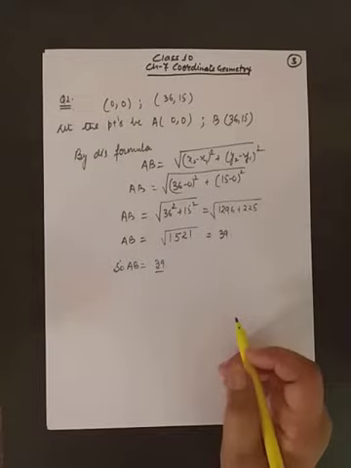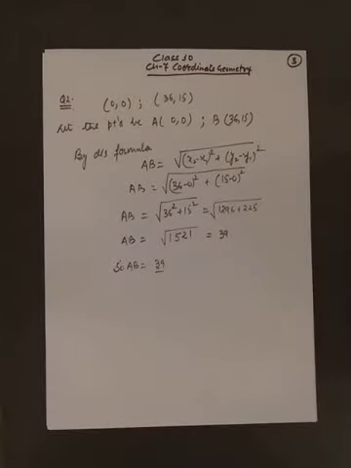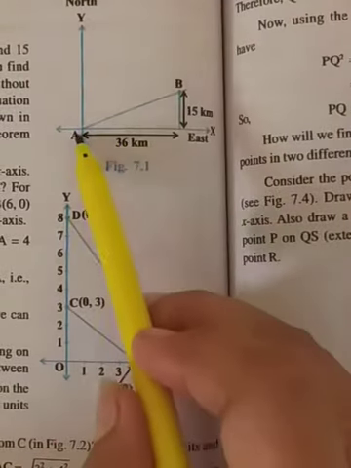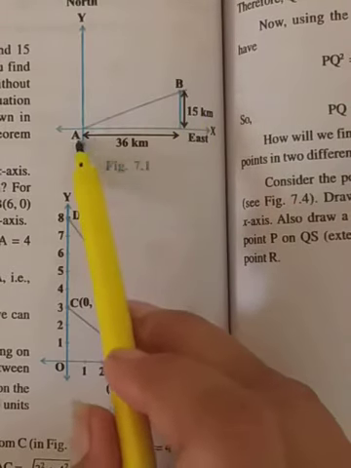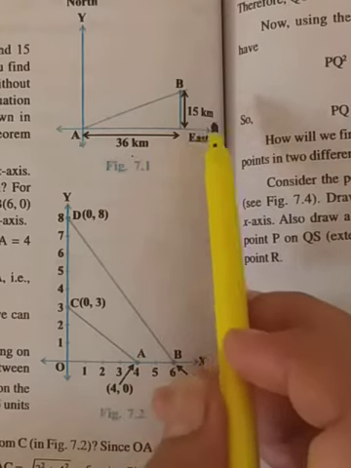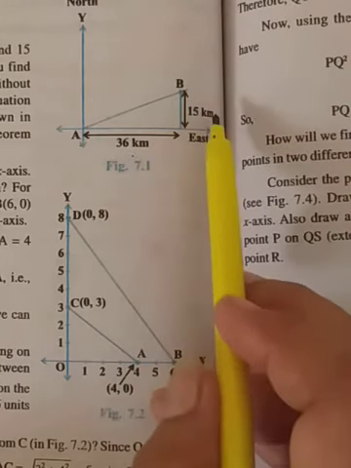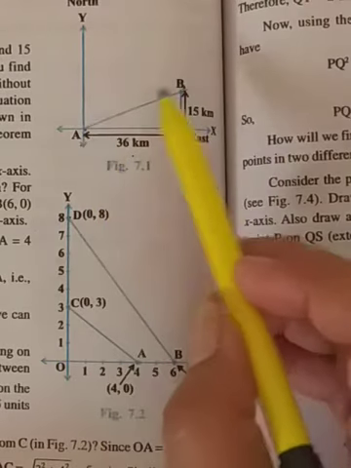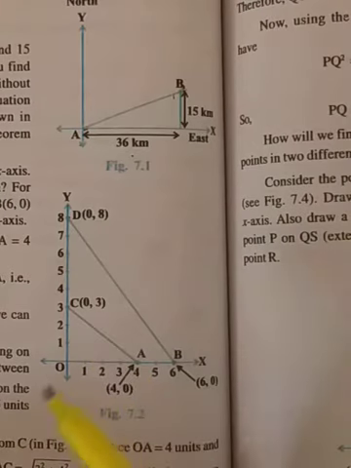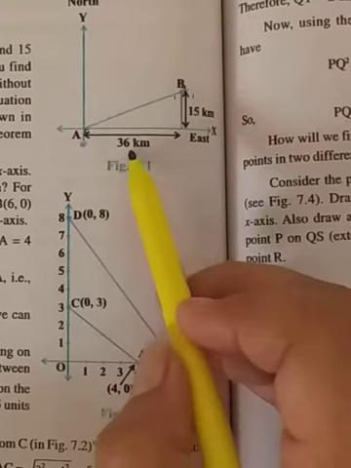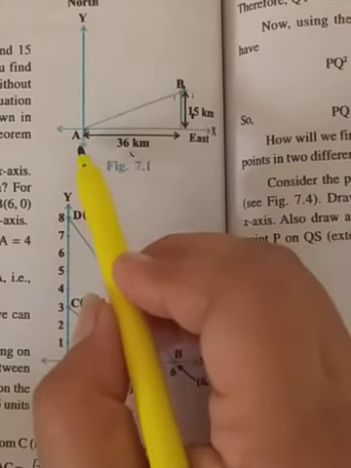So in section 7.2, the two towns are A and B, and the distance of B towards the east side is 36 kilometers and it is at 15 kilometers, and we have to find the distance between A, B. So the same question is this; in the previous question also we found this AB, and the distances were the same.